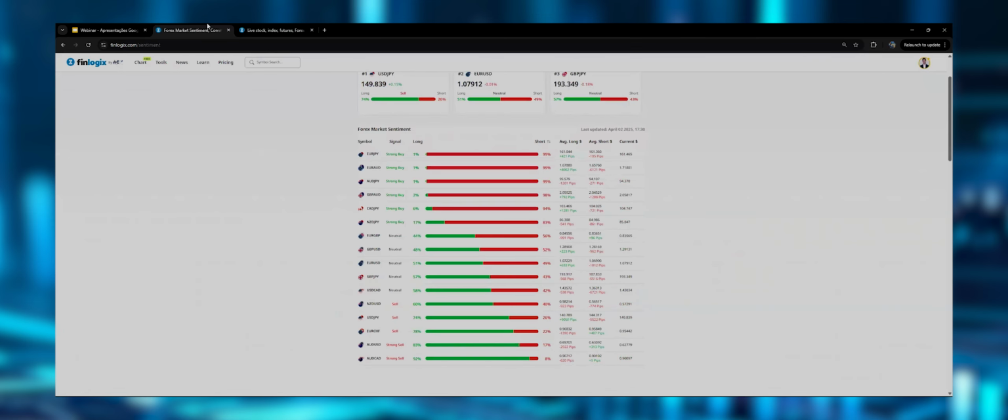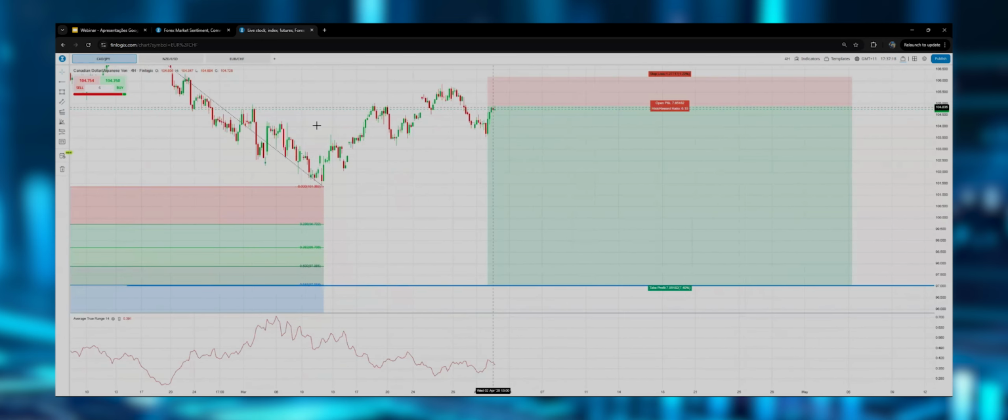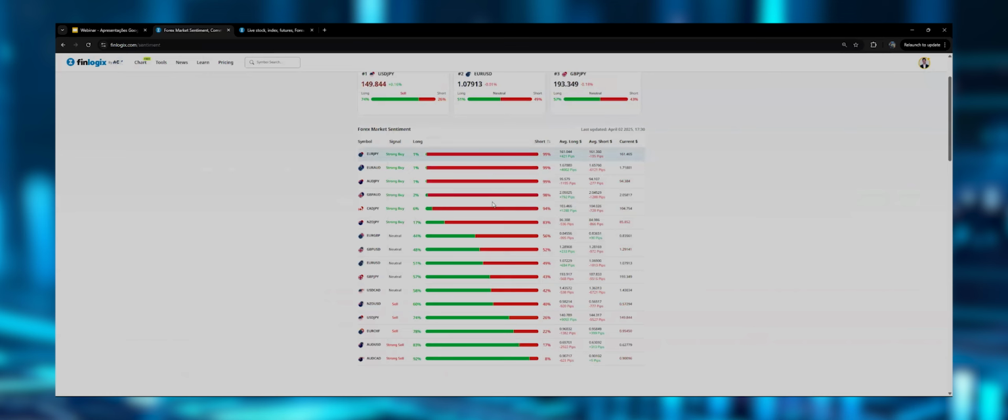Let's see what we've got next, because we already have 2 trades in. So CAD Japanese yen in profit, nice rejection. So let's see what is on Aussie dollar sell.